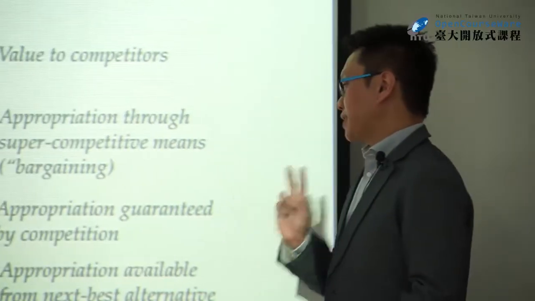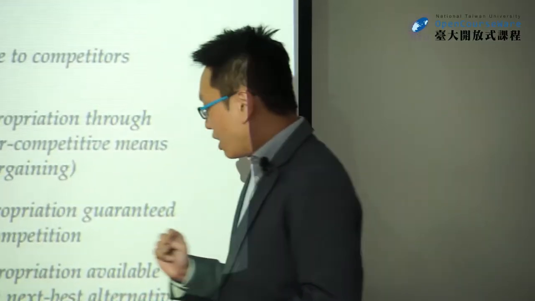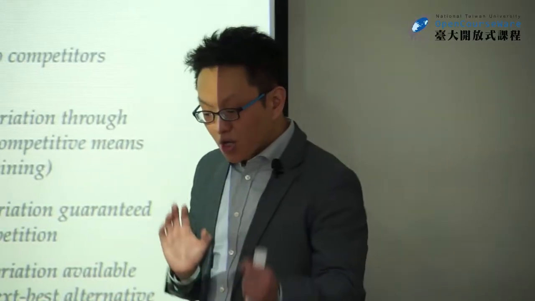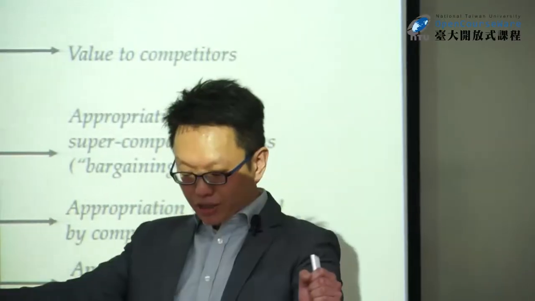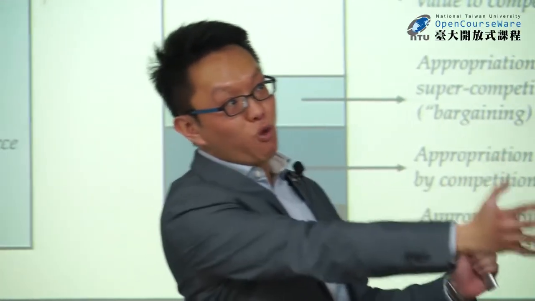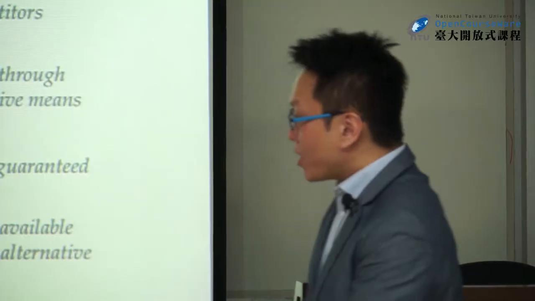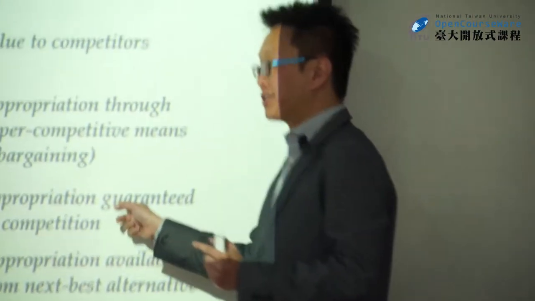The second is appropriation guaranteed by competition. If we have multiple supply chains in this ecosystem, you can decide which supplier you want to work with. We will see an example very soon. And also which buyer you want to work with. So when a buyer makes a transaction with you, or a supplier makes a transaction with you, they need to pay you better than you would get working with other suppliers and buyers.